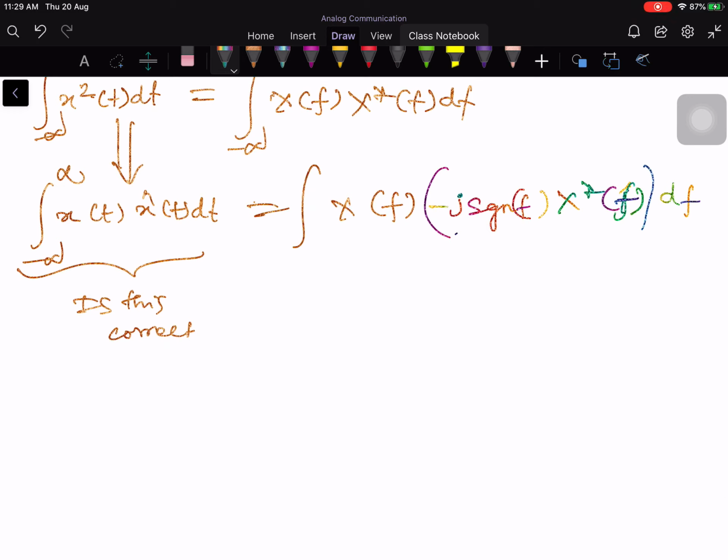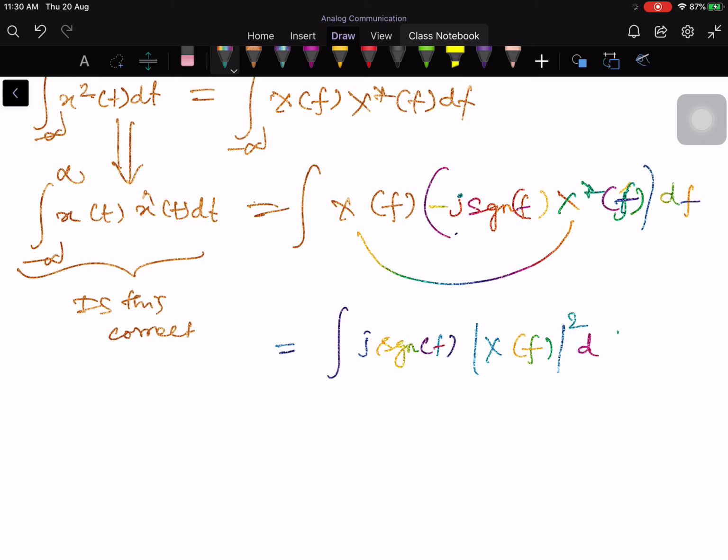So therefore this is j times signum of f, and this and that if you combine, you will get x modulus squared of f df.